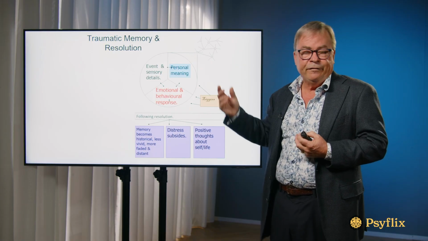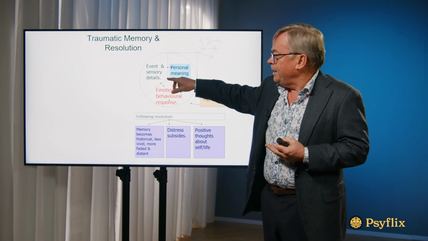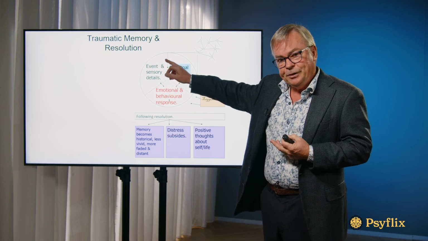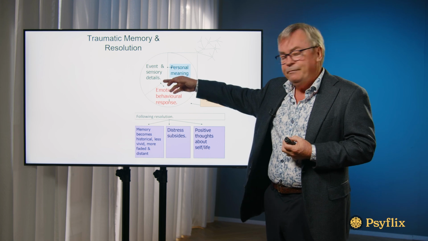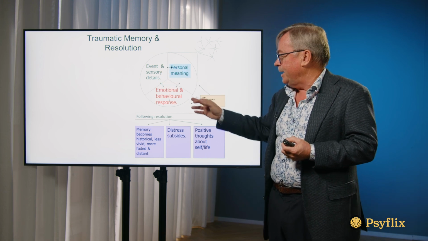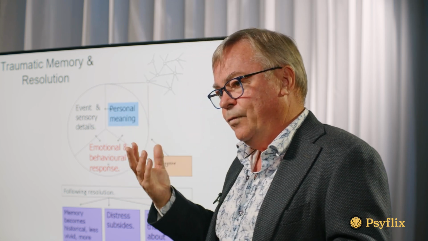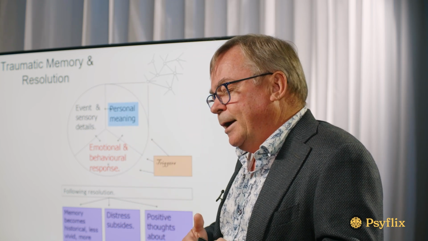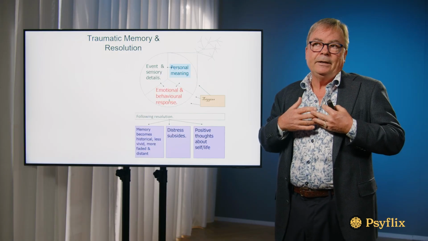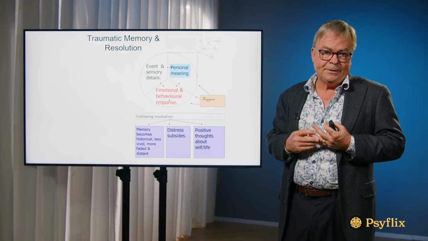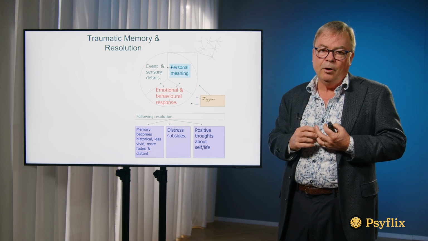And then what we find, and this is particularly true for EMDR, is that as the representation of the memory changes and becomes more of a narrative, more of a story, less episodic, and as the distress goes down, the person becomes more free to experience post-traumatic growth, to make connections with experiences that are incompatible with the trauma network.